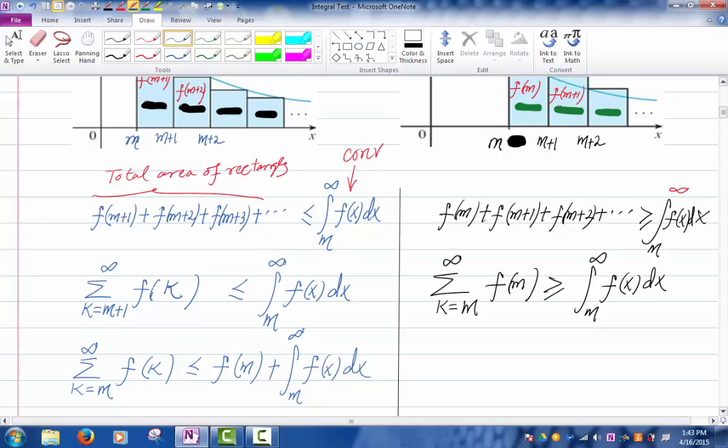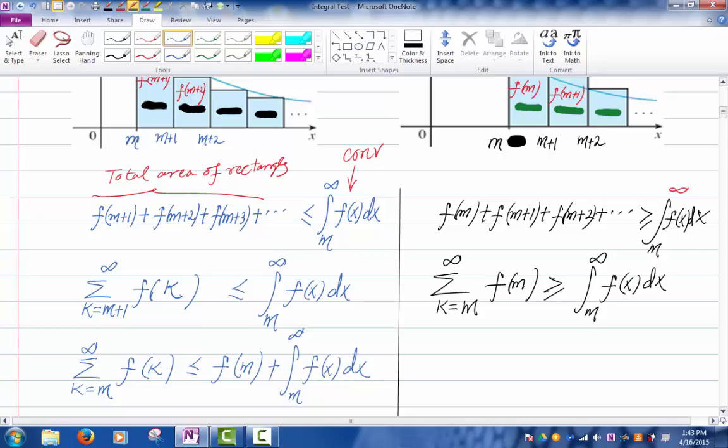Now, on both sides of this inequality, I'm adding f of m. So if I am adding f of m on the left-hand side, I'm getting the sum k going from m to infinity of f of k. On the right-hand side, I get f of m plus the integral.